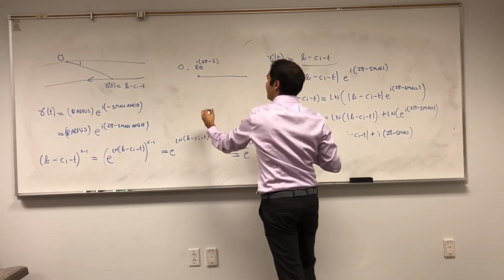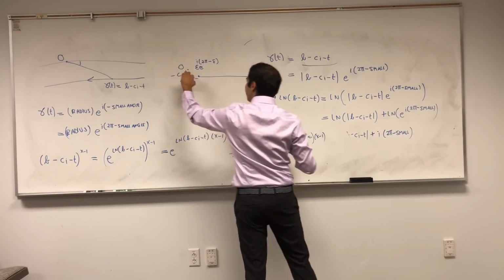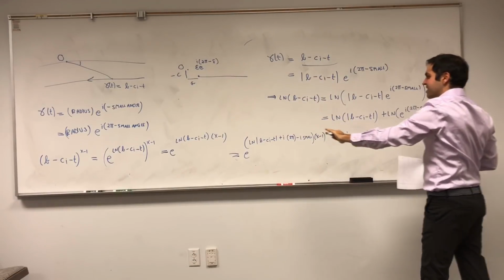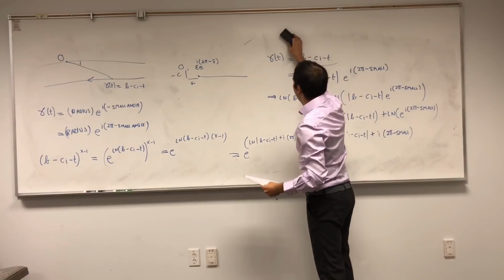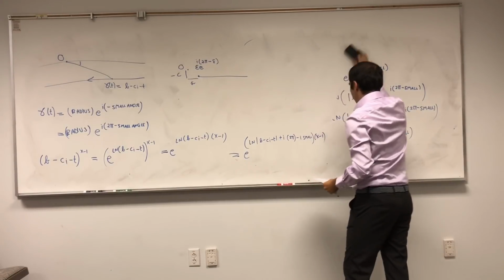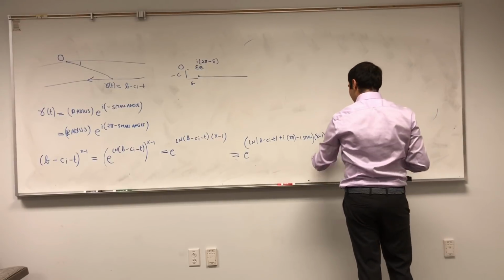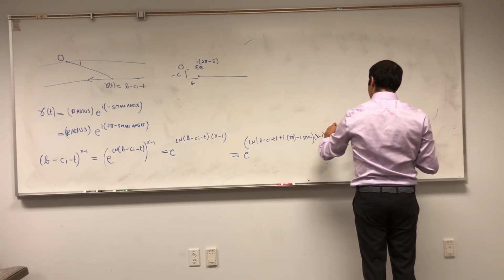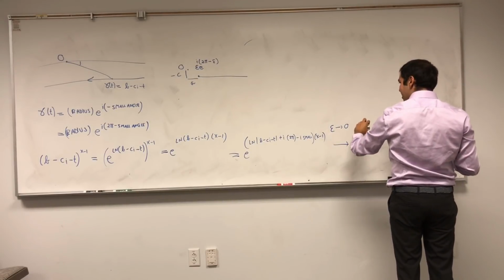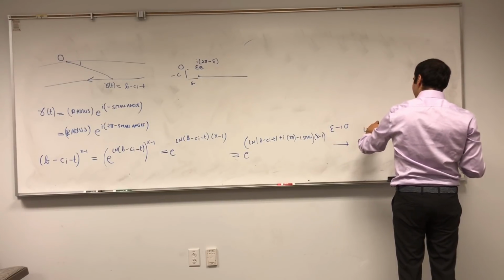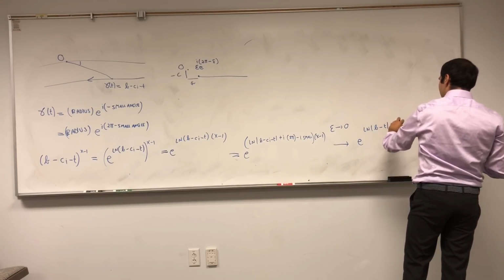And so remember, this is our point a. This is our point minus c. If epsilon goes to 0, then c goes to 0. And so you're left with e to the ln of the absolute value of (b − t) plus i2π.